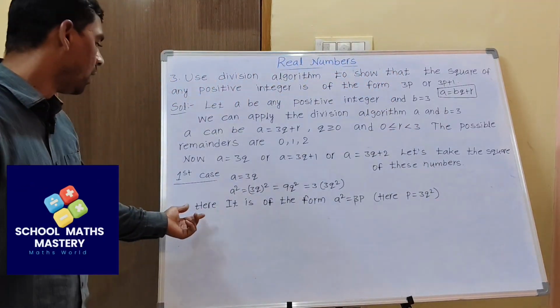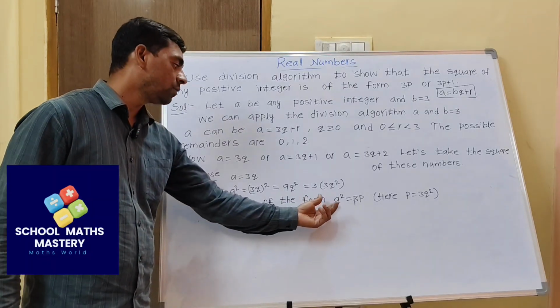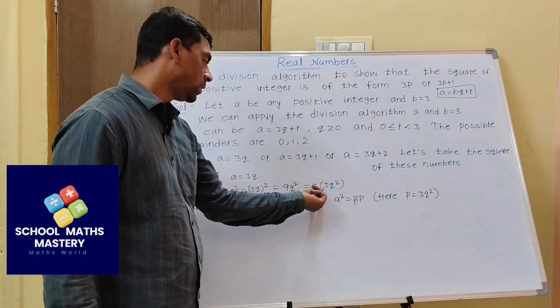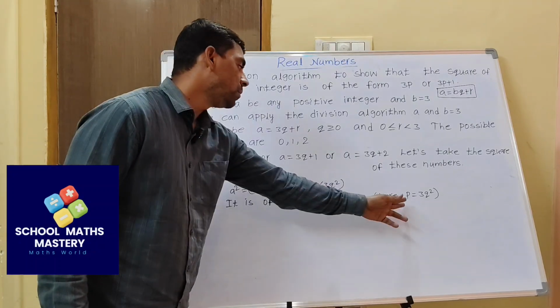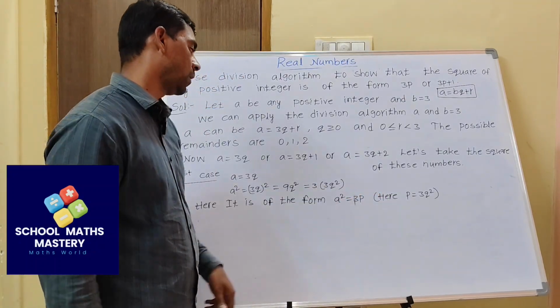Okay, here it is of the form a square equals 3p. So here p is 3q square.